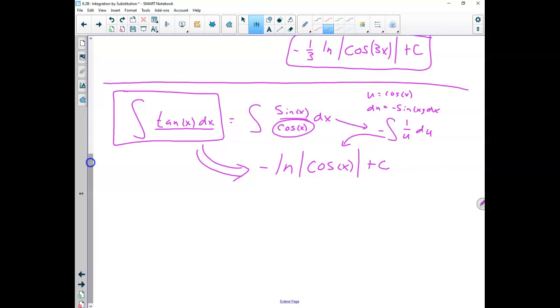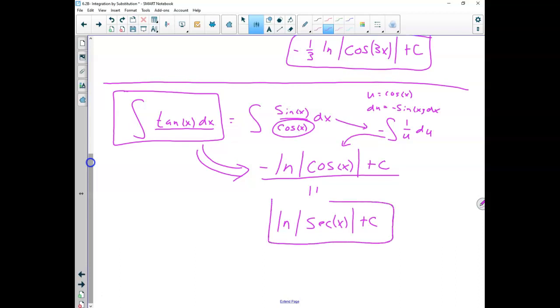Now you have to be able to look at equivalence. This actually equals the ln of a secant x plus c. And you might be like, because it might be a multiple choice problem, and that might not be the answer you're looking for. This might be the only one that's there, and you're saying, well, how the heck does that work?